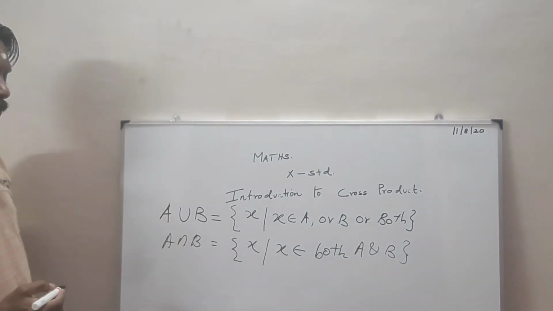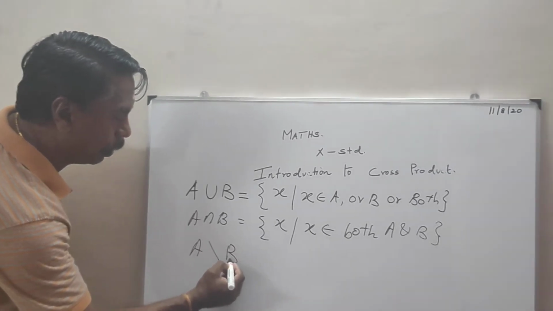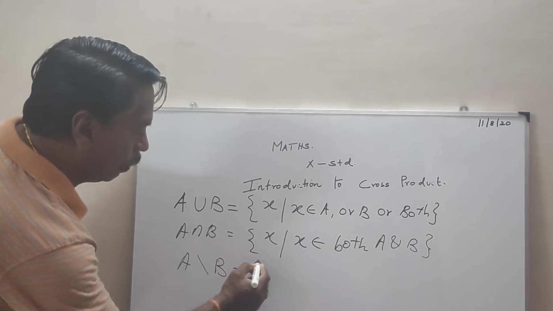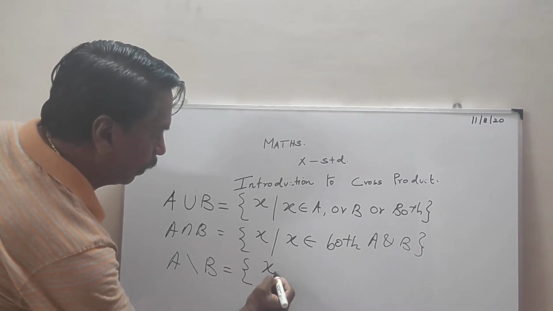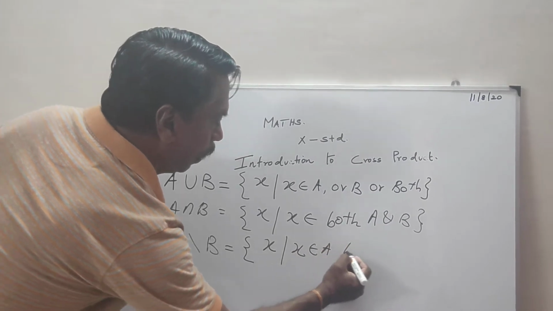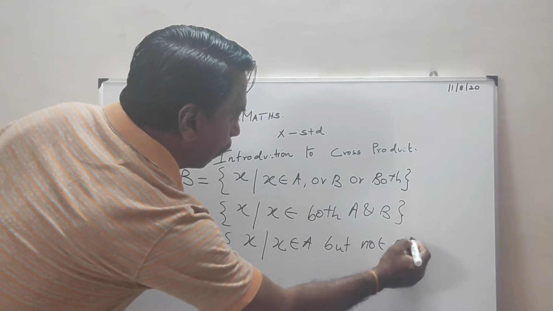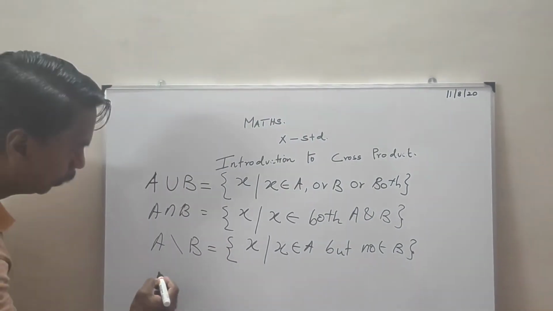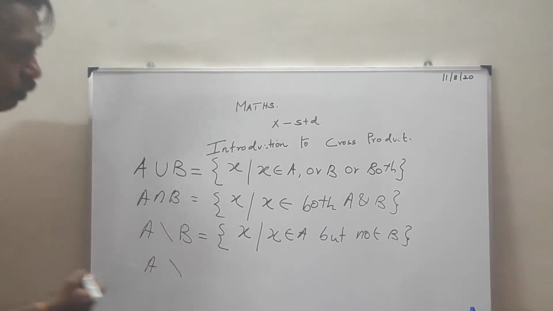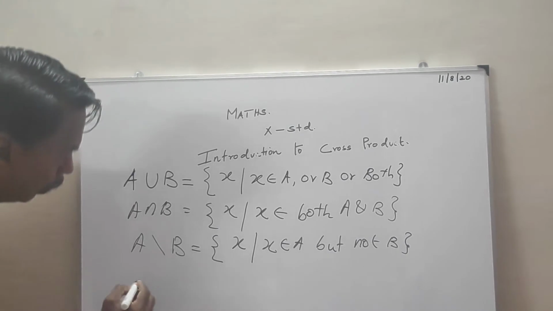Both A and B. And the difference A slash B is defined as the set of all elements X such that X belongs to A but not to B. And what is B slash A?